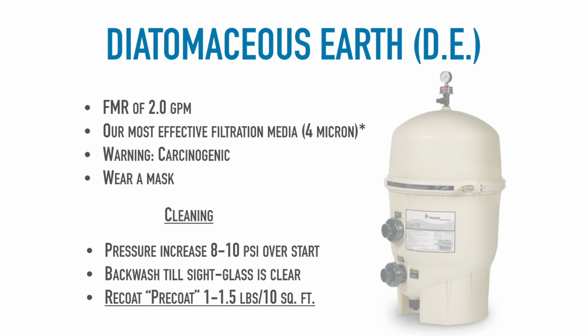So once I go back into regular filter mode, I'm blowing water through just the regular screens again, which means I need to go back out to the side of the pool and recoat at 1 to 1.5 pounds for every 10 square feet, mix it into a slurry, pour it down, so on and so forth.